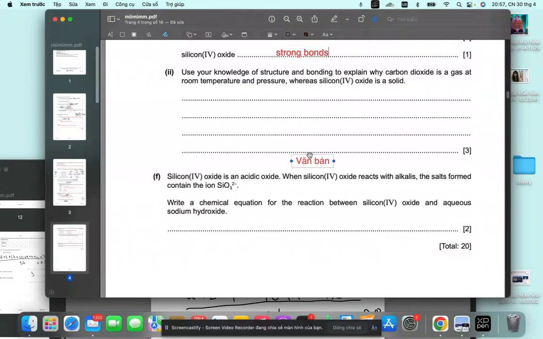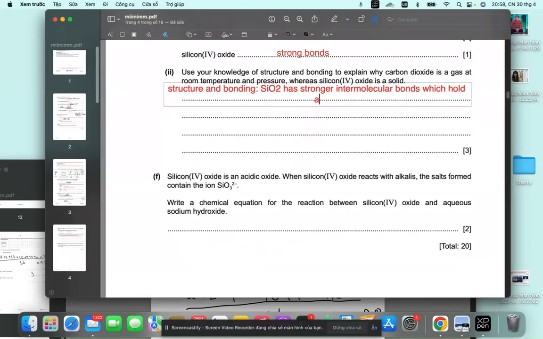Use your knowledge of structure and bonding to explain why carbon dioxide is a gas at room temperature. We have carbon dioxide at room temperature, and silicon oxide has stronger bonds, stronger intermolecular bonds, the bonds which hold atoms together, hence it is solid.